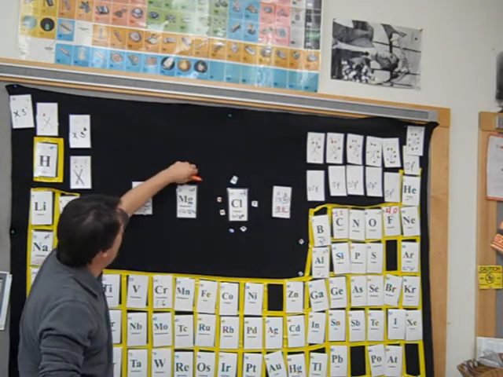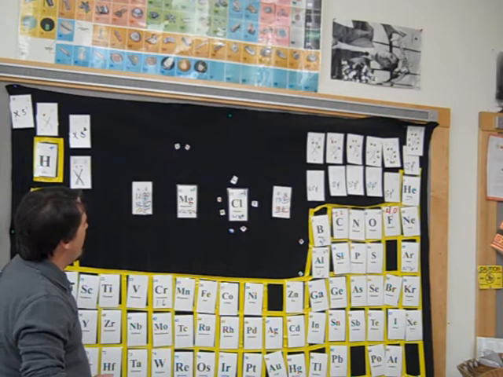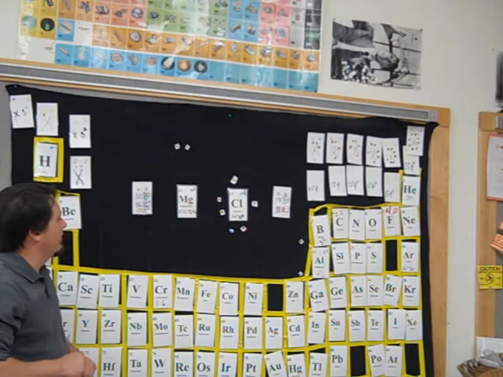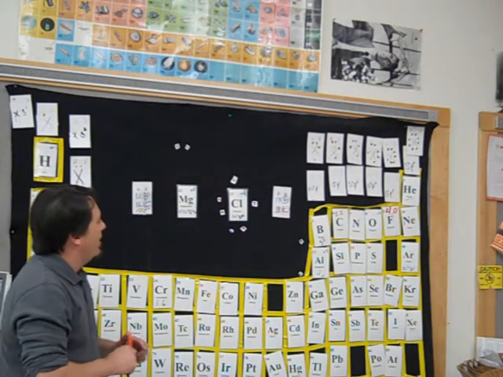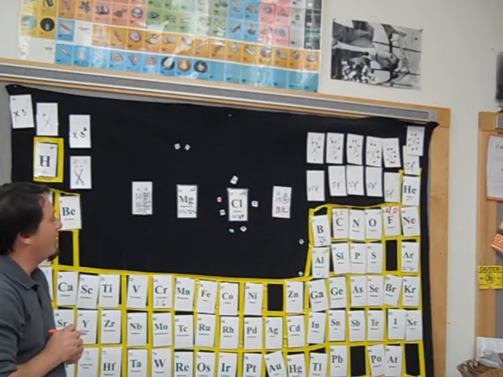And when it loses them, it's going to form a +2 ion because it has 2 less electrons than protons. I talk too fast for my brain sometimes, and I have to stop and catch up with myself every once in a while.